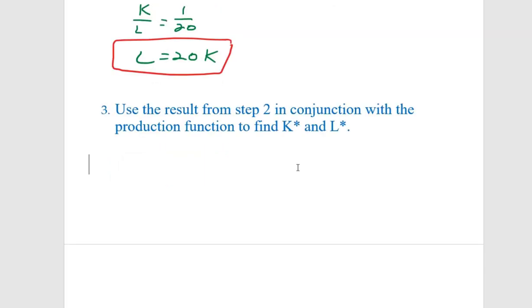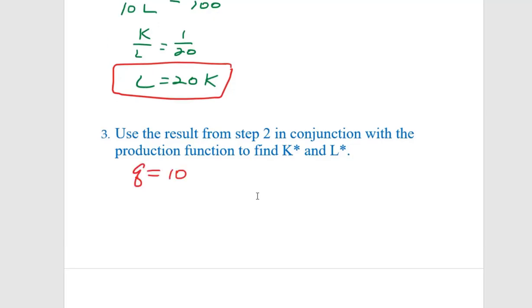For step 3, we're supposed to combine the production function with the expansion path and find K star and L star, or the optimal amounts of capital and labor that the firm should hire. So our production function was Q equals 10 times K times L. I should have probably added in here the output goal, because we need the output goal in here too to be able to actually have only 2 equations and 2 unknowns.